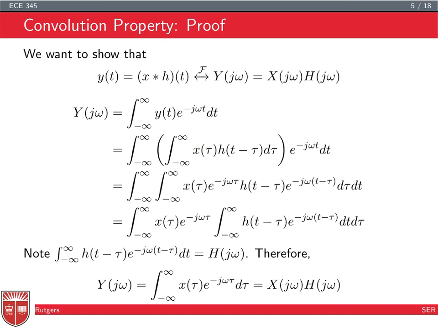In these slides, for those of you who are more inclined to theory and would love to know why convolution in the time domain becomes multiplication in the frequency domain, I provide a proof here. It's a standard proof and I don't want to go into it. It's mainly manipulating integrals.